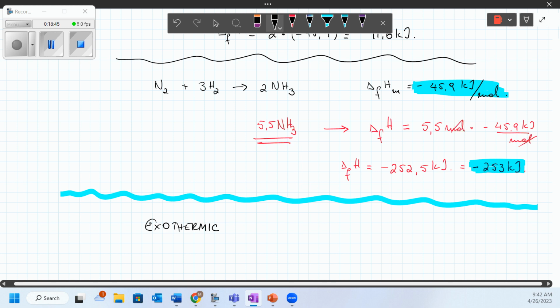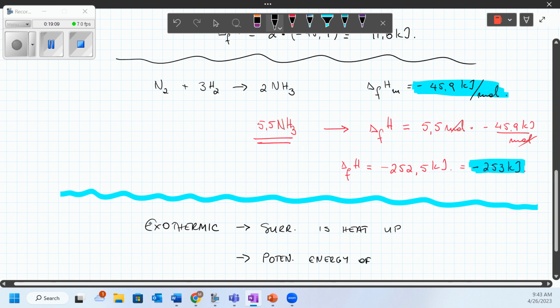Okay, so in an exothermic reaction, what we see is that the surrounding is heated up, the temperature is going up. Also, what we notice is that the potential energy of the system, known as the reaction, is going down.